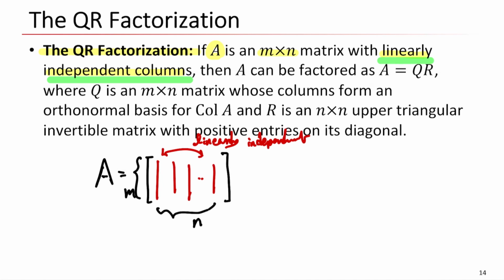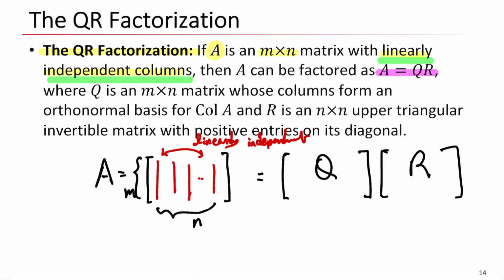Then matrix A can be factorized as A equals QR. So in this case, for matrices Q and R, Q is the m by m matrix, which has the same size as the matrix A, right?